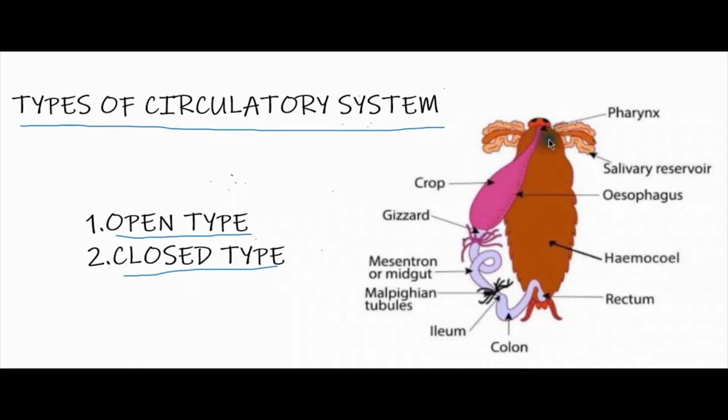Those blood vessels open into the cavities. Those cavities are known as what? Hemocoel. So this type is known as open type of circulatory system. Here capillaries are absent. Example, arthropods, mollusks and ascidians, lower organisms.